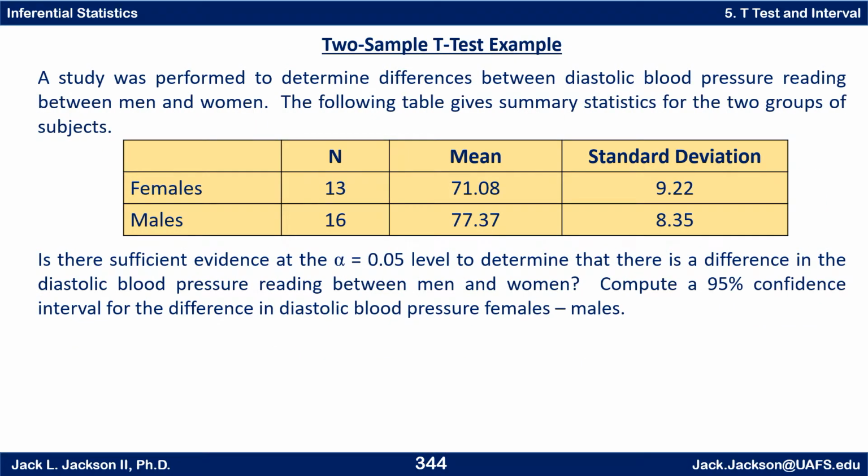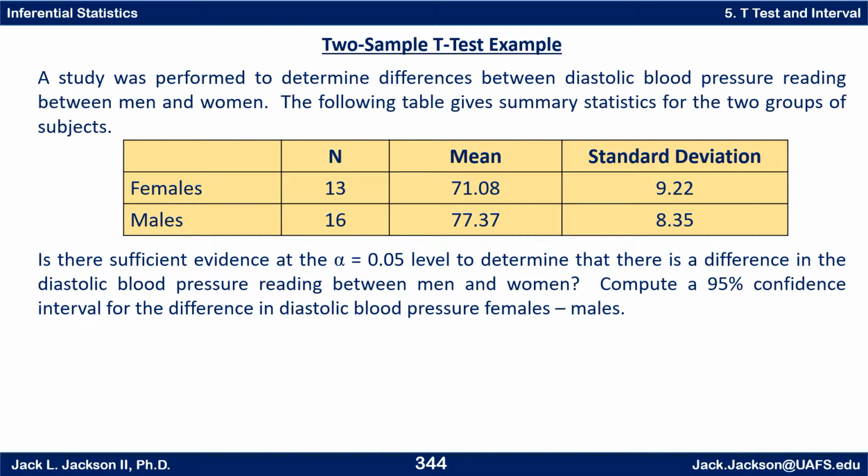All right, a study was performed to determine differences between diastolic blood pressure readings between men and women. The following table gives the summary statistics for two groups of subjects. We tested 13 females, got a mean of 71.08, standard deviation 9.22. Tested 16 males, got a mean of 77.37 and a standard deviation of 8.35.